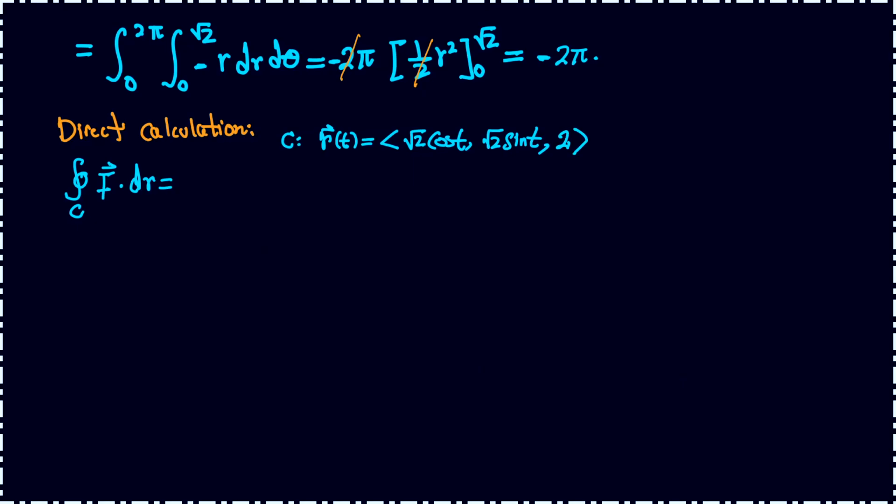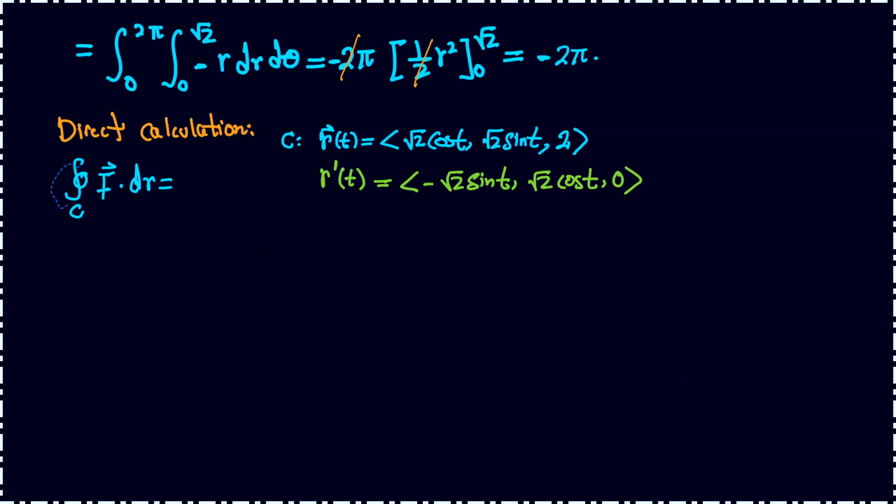While we're at it, we can calculate r prime. That is negative root 2 sine t, root 2 cosine t, and the derivative of 2 is 0.